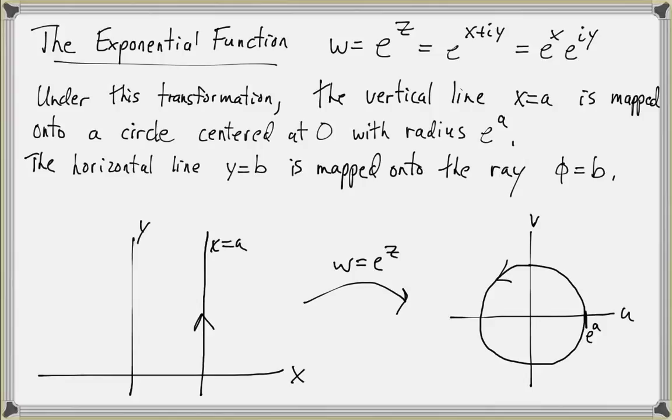So if I draw a dotted horizontal line y equals b, then this line would have image equal to the ray starting at the origin and going out infinitely away from the origin, and this angle that this dotted line makes with the u-axis would have radian measure b.